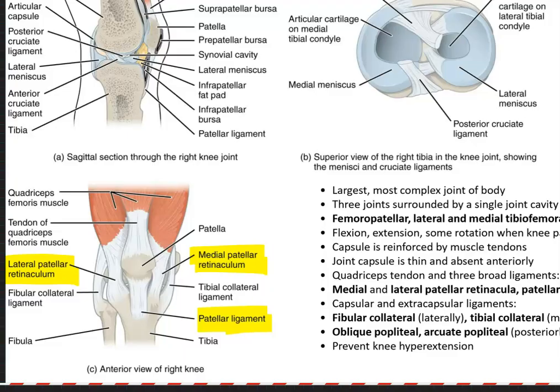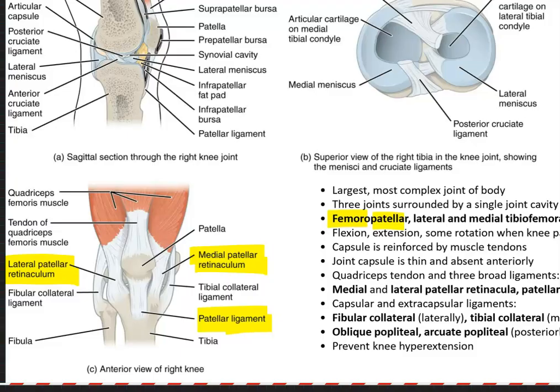Now remember, the difference between the tendon and the ligament is that a tendon connects a muscle and a bone, and ligaments connect two bones. So if you think about the structure of your leg, the knee joint is the place where four bones meet. One of them is the femur, another one is the patella, okay?